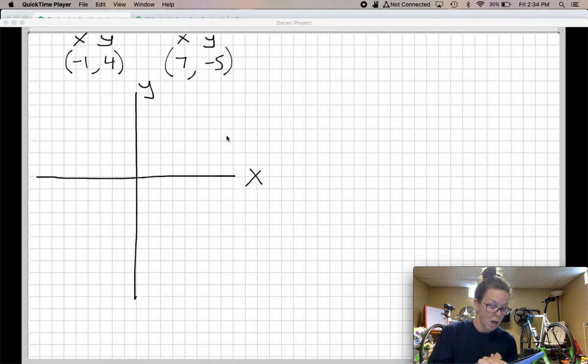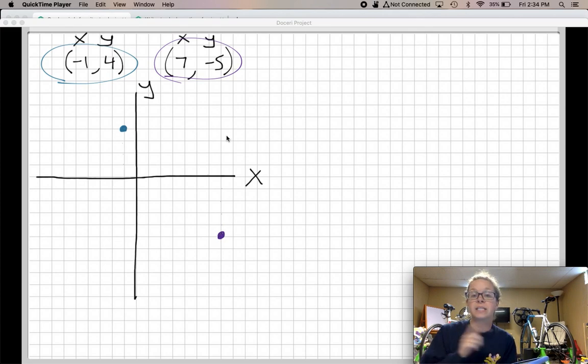So I'm going to plot this first point. X is -1, 1, 2, 3, 4, up on the y-axis. So there's that first point. And then I'm going to plot the second point. x's over to 7. 1, 2, 3, 4, 5, 6, 7. And 1, 2, 3, 4, 5 spots down on the y-axis. So there's that second point.